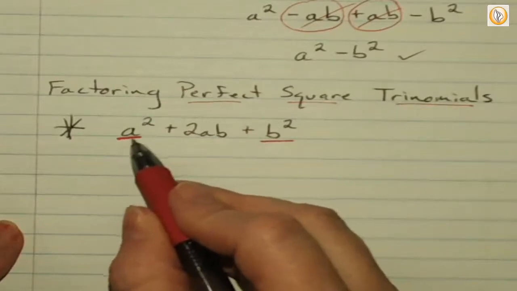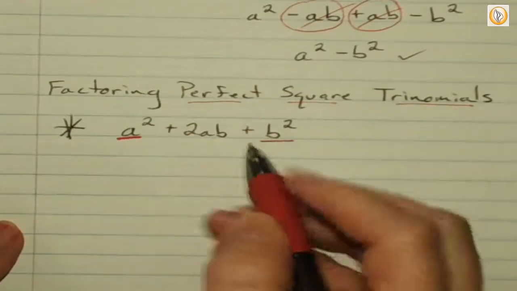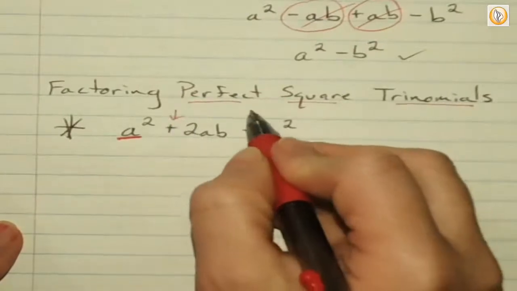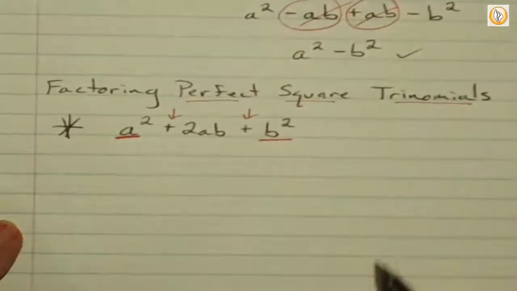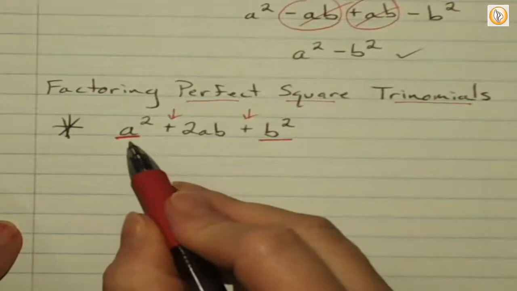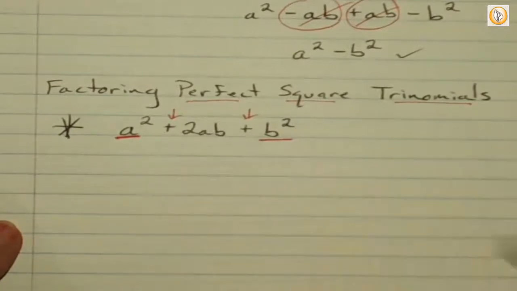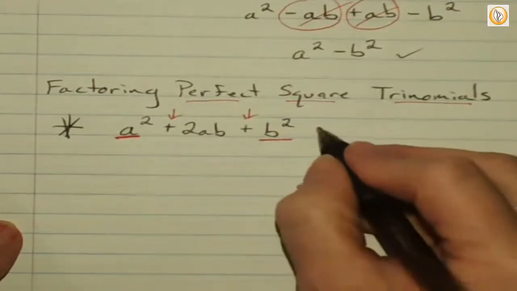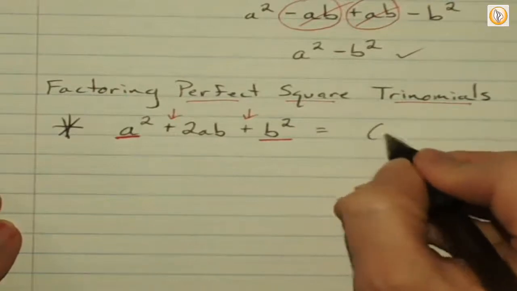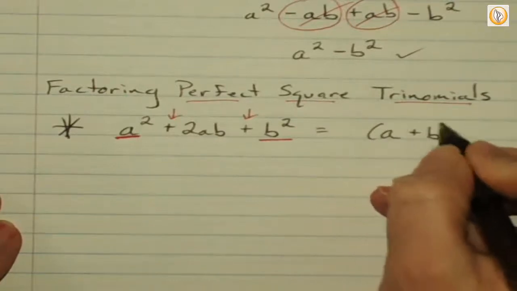This is a perfect square. This is a perfect square. There's a plus sign and a plus sign. If you have a perfect square and 2 plus signs, your answer is a plus b squared.